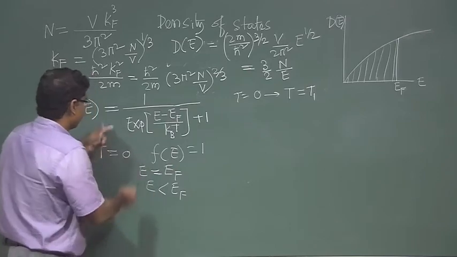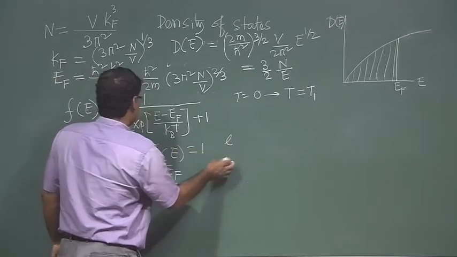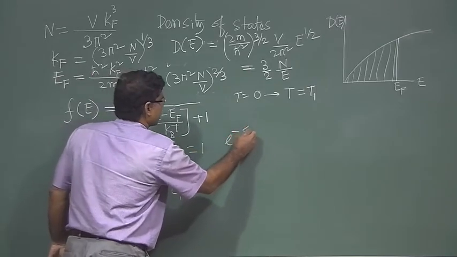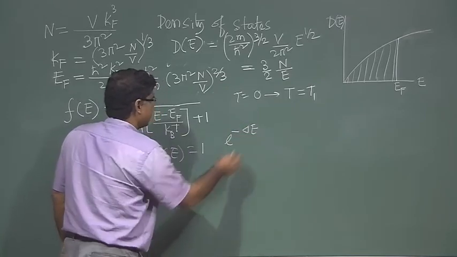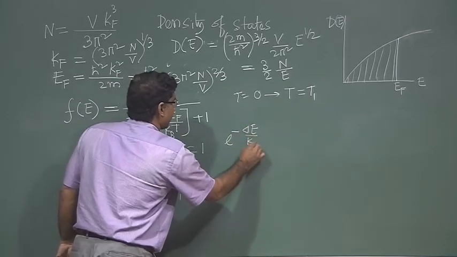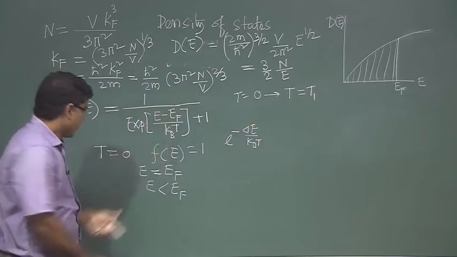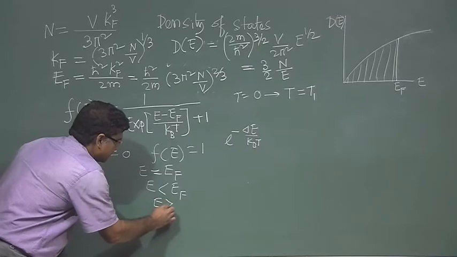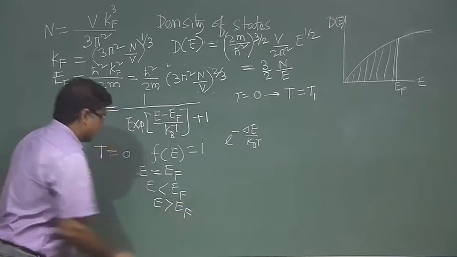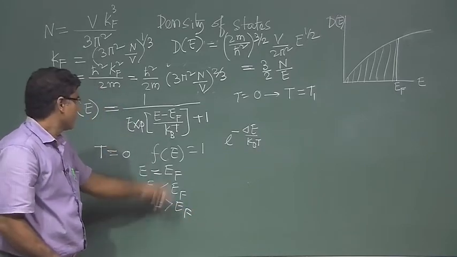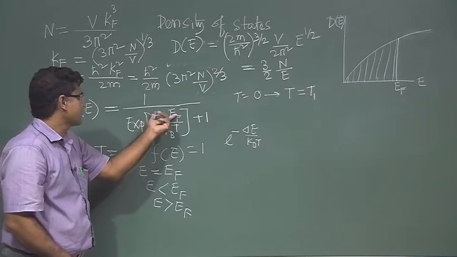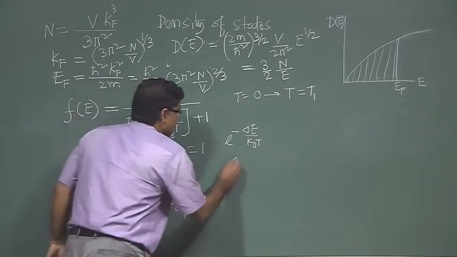So, the exponential will be like e to the power minus del E by kBT, right. And when E is greater than Ef, this will be a positive quantity.